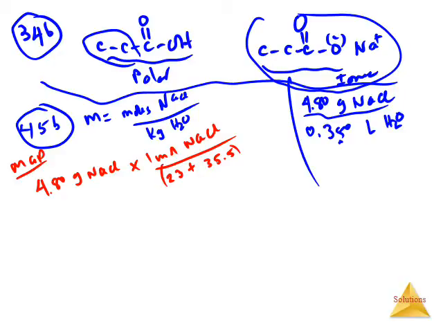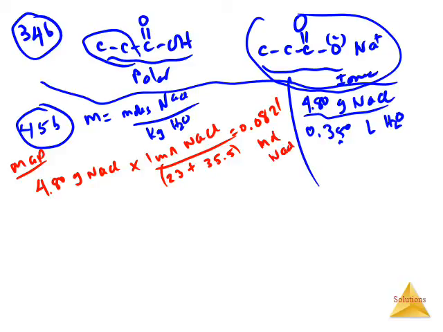So that gives at the bottom 58.5, and this value is 0.0821. So that's the moles of NaCl.